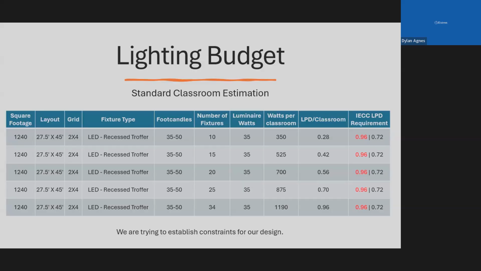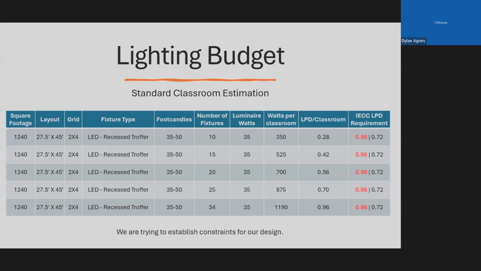And so here we're looking at, what's the grid layout? We go 10 fixtures, 15, 20, 25, 34. And this last line is what I made for 2018 to establish the ceiling, as in we cannot go above that, right? So in this 1,240 square foot classroom, I'm not allowed to have more than 34 fixtures at 35 watts. Obviously, we wouldn't need 35 fixtures for a classroom of that size, but we get an idea of how many fixtures we will need.